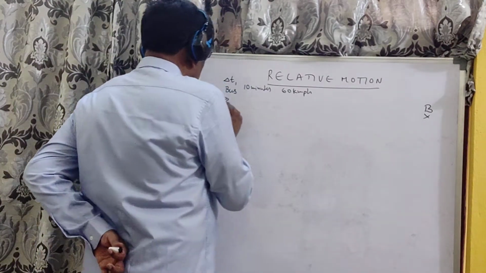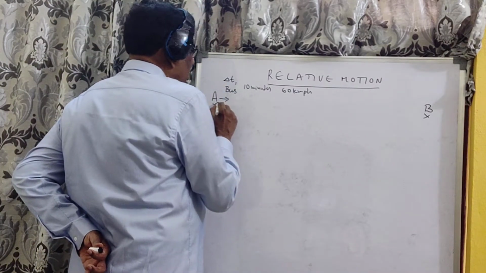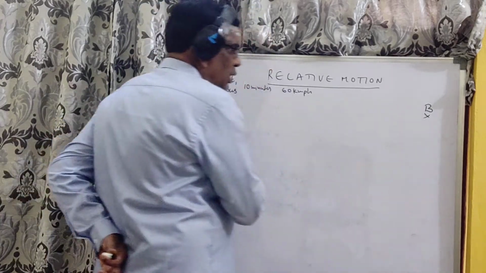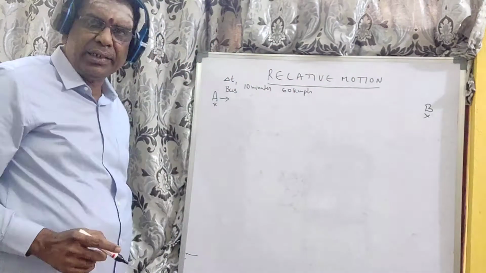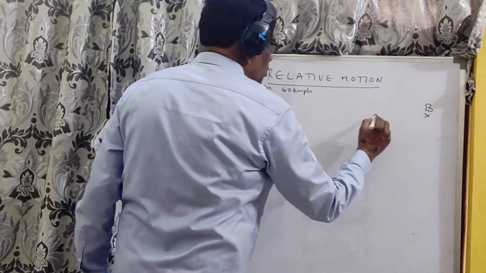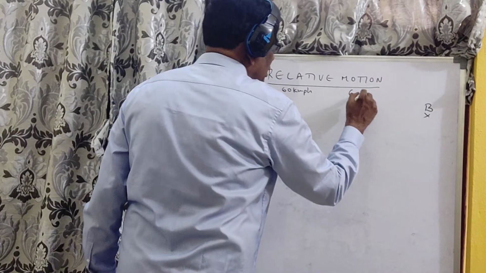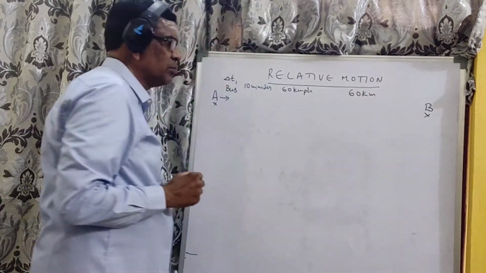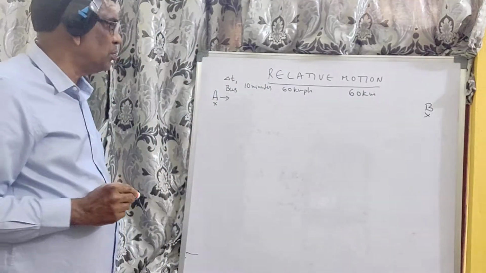Now, the distance between A and B is along a straight unidirectional path, and let it be 60 kilometers.